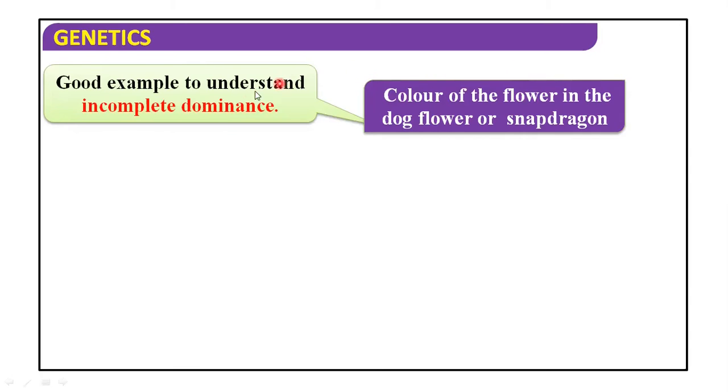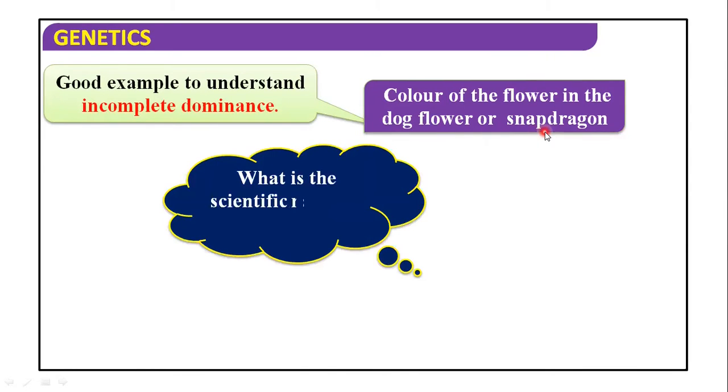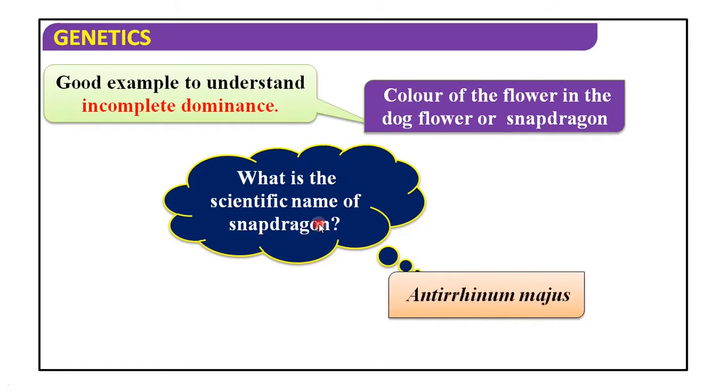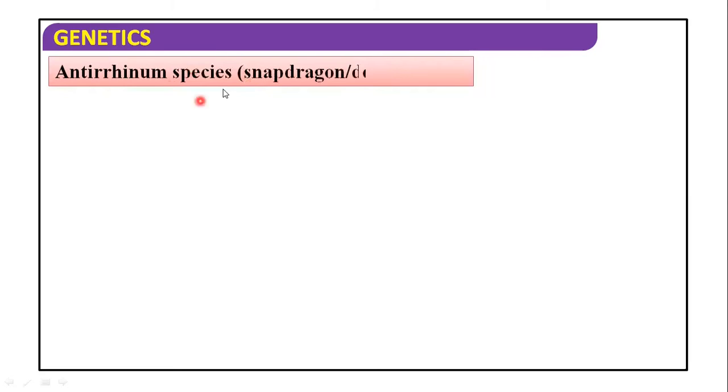Now, a good example to understand incomplete dominance is the color of flower in the dog flower or snapdragon. We have to observe the color of the flower. The scientific name of snapdragon is Antirrhinum majus. Snapdragon is also called dog flower.